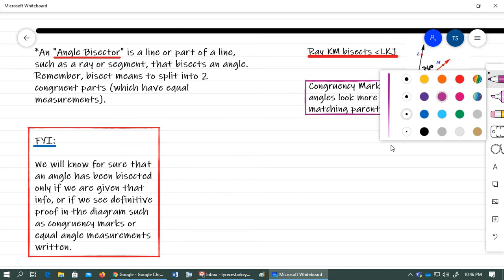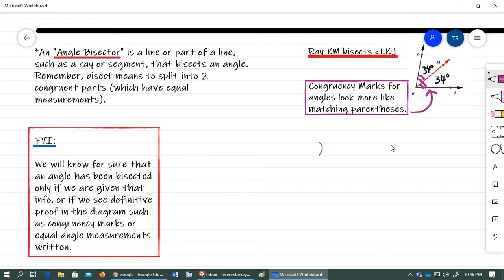You might have just one little mark in an angle like that, which tells you that two angles are congruent. You could have two marks like this. I'm going to erase this. You could have three matching marks that let you know that these two angles are congruent. As long as you've got those matching symbols that look like parentheses, those are congruency marks for angles.